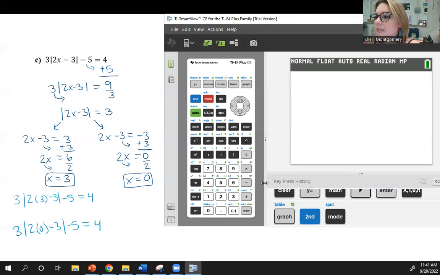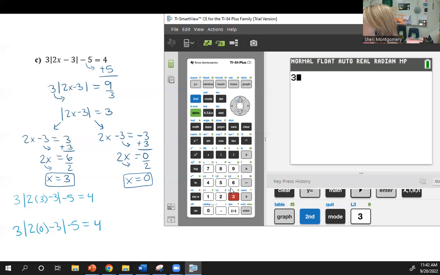So the first thing that I see is the 3, so I'm going to type in a 3. You should do this with me so that you can find the buttons. So I type 3. And then the next, we're going to do the absolute value bars. Does anybody know where those are? Anybody have any idea?